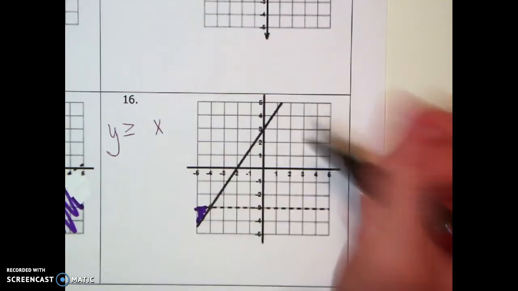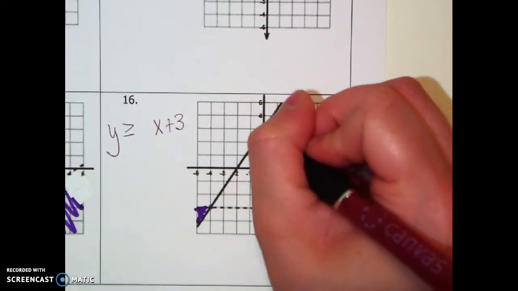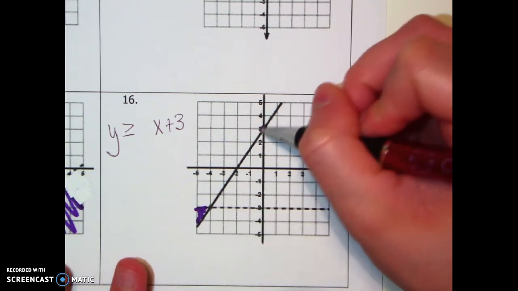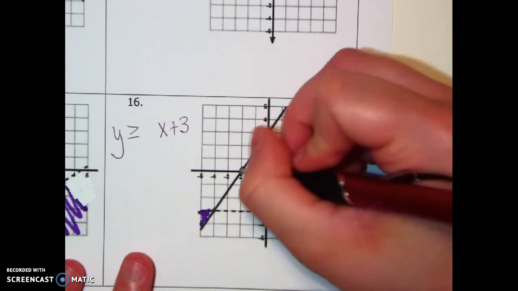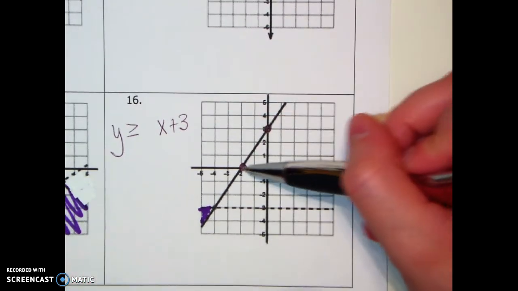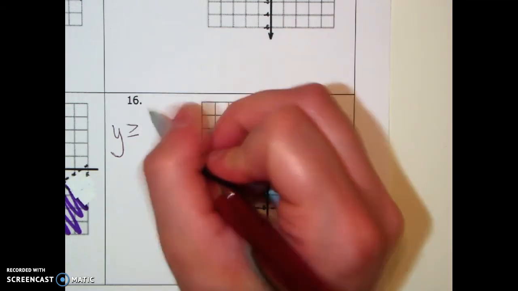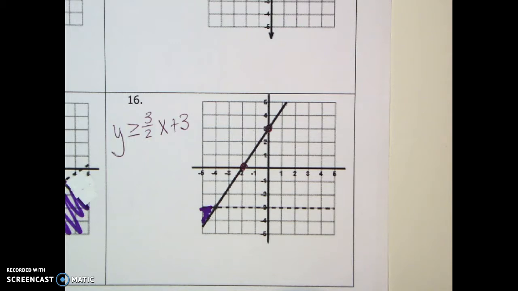And then X, y-intercept is a +3. And let's see, it doesn't cross up, so I'm going to have to go the opposite way. When you're finding the slope, always go left to right. So this one's on the left, so I go 1, 2, 3, 1, 2. So my slope is 3/2. I go up 3/2.